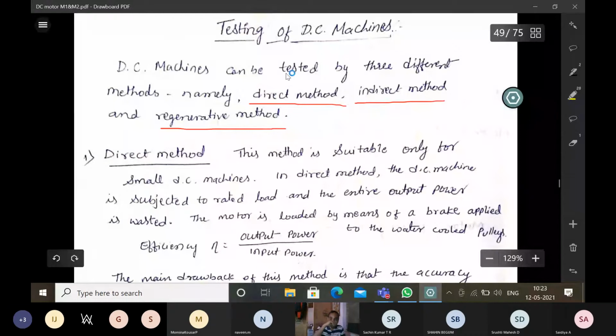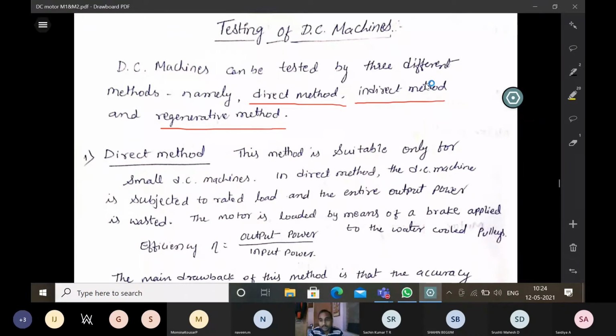And what is the indirect method? Indirect method means the load is not applied to the motor shaft directly. Instead of that, this is also called the no load test, so the no load test can be performed. After the no load test and determining the nameplate details, the nameplate shows the full load current and everything.